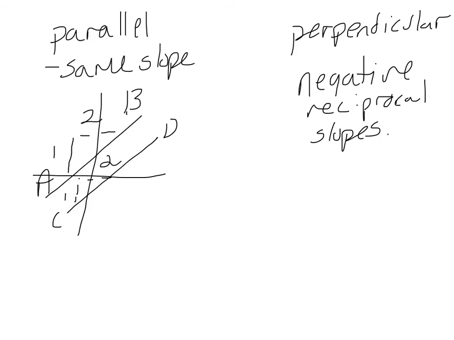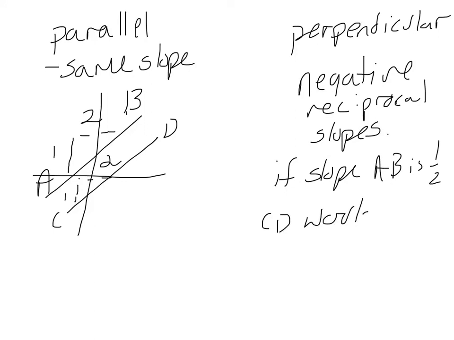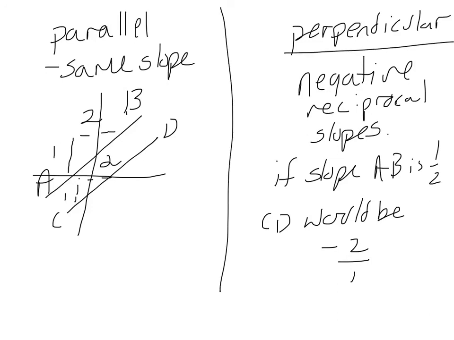That means if the slope of AB is 1/2, CD would be negative 2 over 1. Simple as that. Flip the slope and change the sign to get perpendicular lines. Okay?